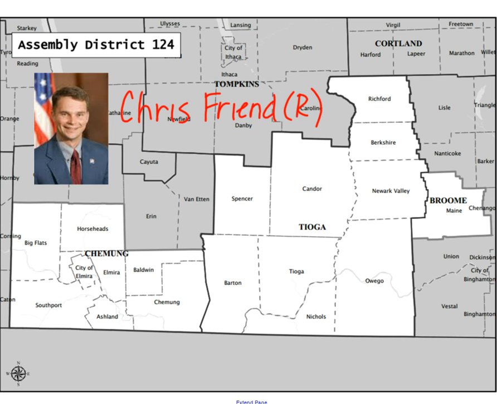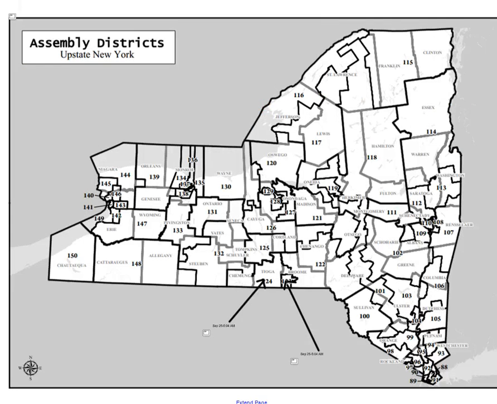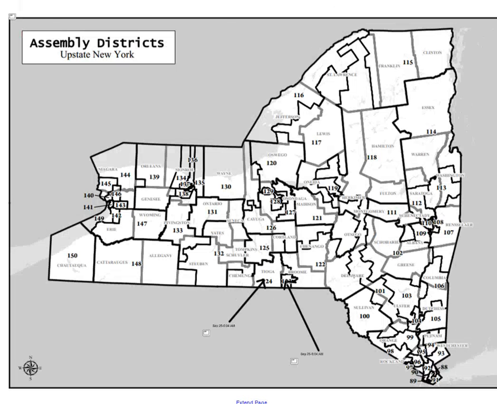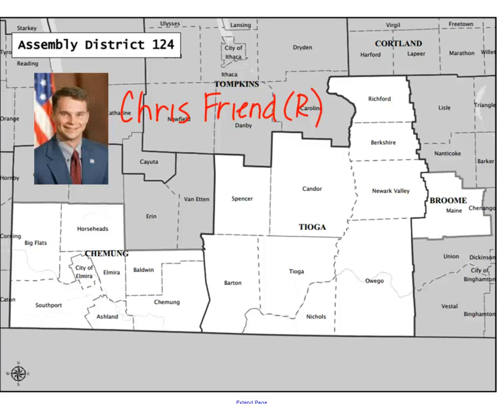Now, if you live in Endwell or Town of Union, Johnson City, Vestal, that type of thing, then you are in Donna Lupardo's district, and she is a Democrat, so you would write that down for your representative. So depending on where you live, either you have Donna Lupardo, who's a Democrat, or if you live in the 124th district, then it's going to be Chris Friend, who is a Republican.